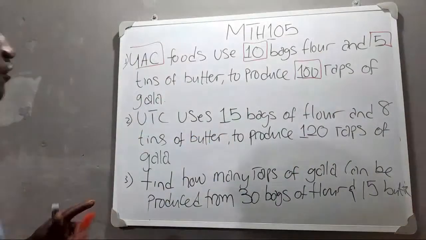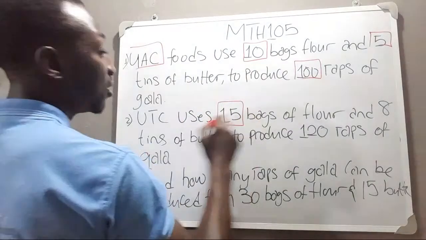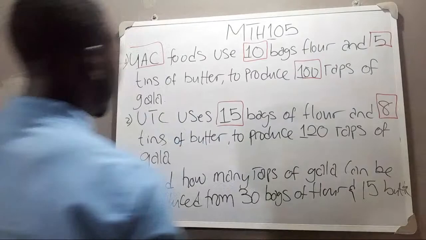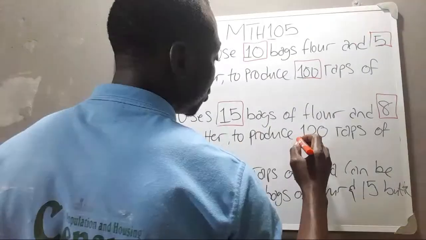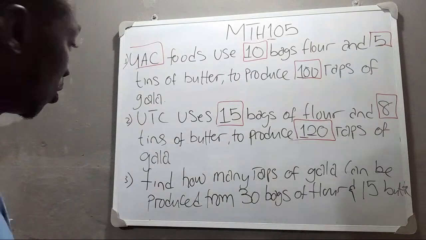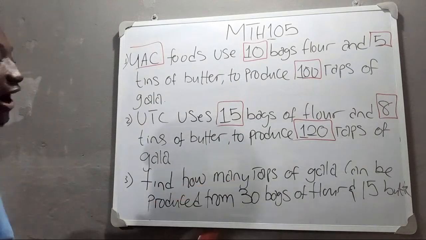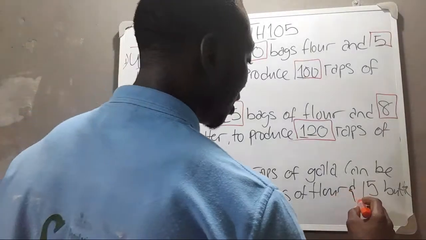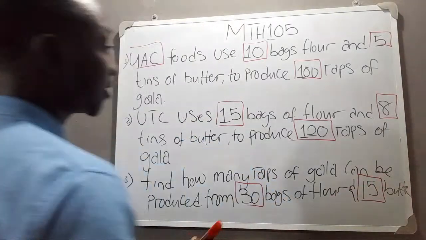UTC uses 15 bags of flour and 8 tins of butter to produce 120 wraps of gala. Now find how many wraps of gala can be produced with 30 bags of flour and 15 tins of butter.